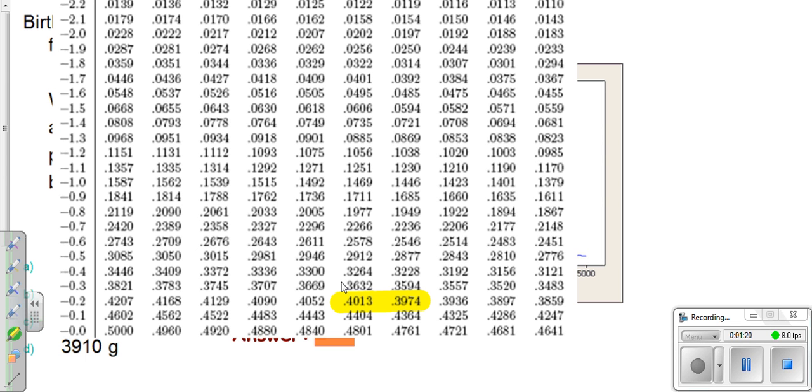This one here is 13 above. This one here is 26 below. So I'm going to use the one that's closer. That would be this one here.